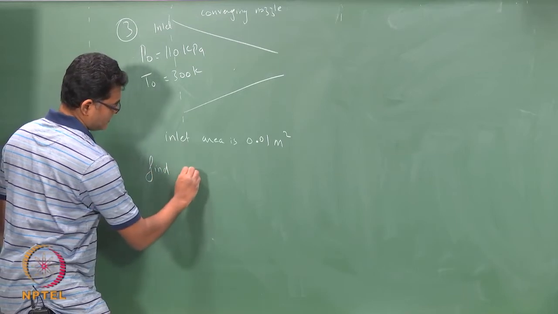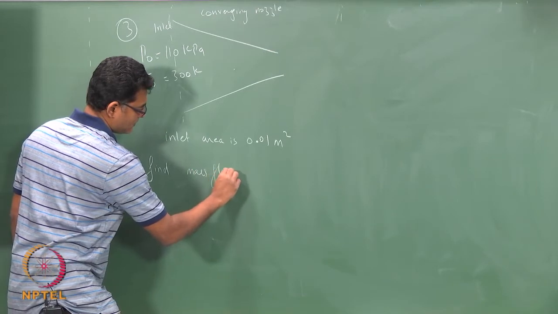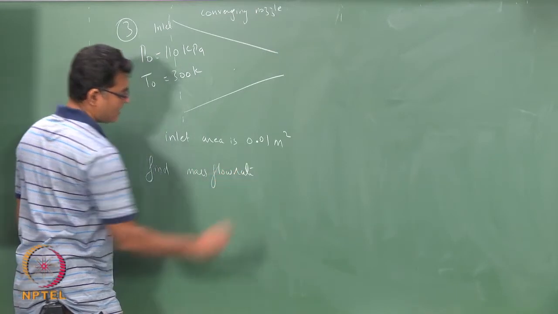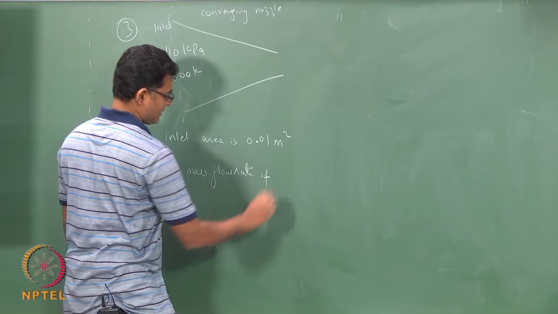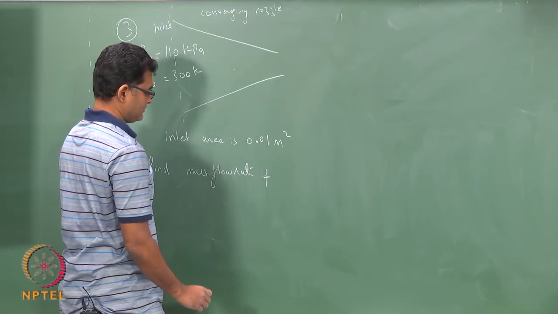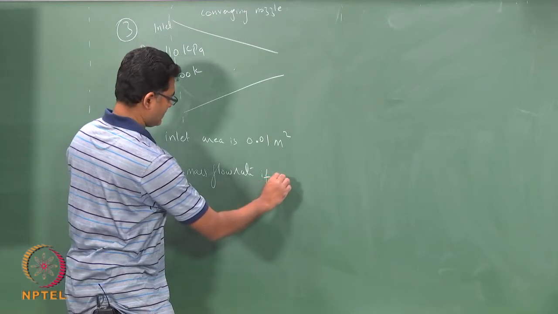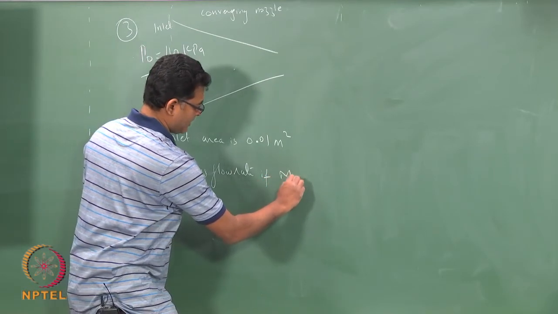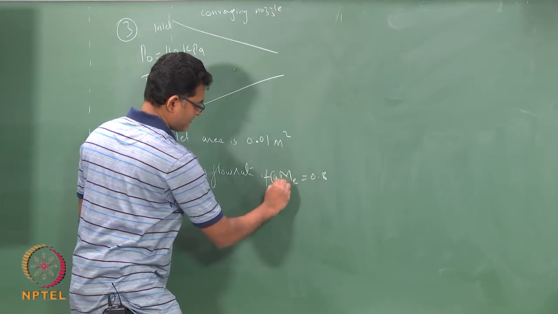Find mass flow rate if m at exit is 0.8. That is your first question.